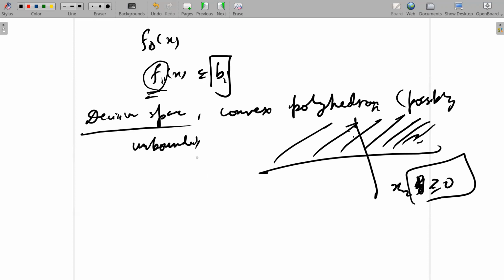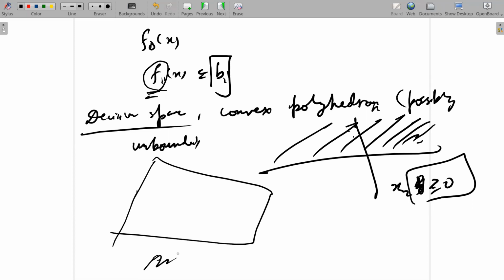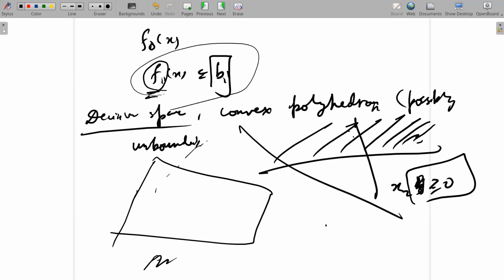We'll do it in detail in the next lecture on Thursday, most likely, when we talk about convex sets and how convex sets are determined by supporting hyperplanes and so on. So here you can imagine fi of x equal to bi is like an affine hyperplane, right? Something less than will be on one side, something bigger than will be on the other side. So the set of all these constraints will be the intersection of these things.